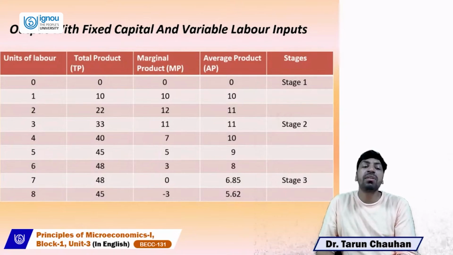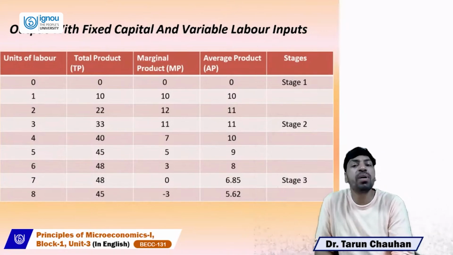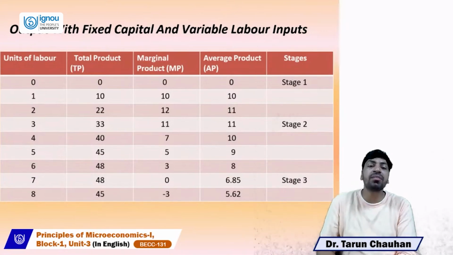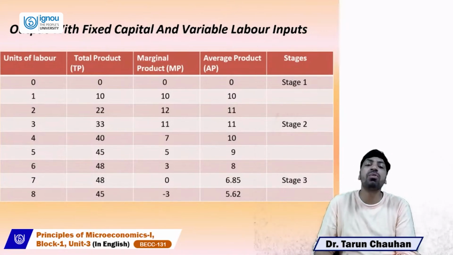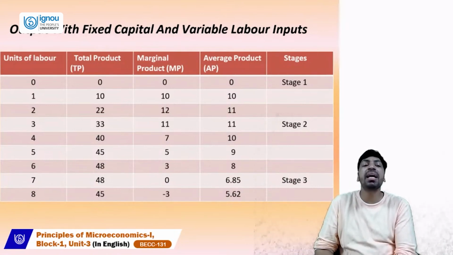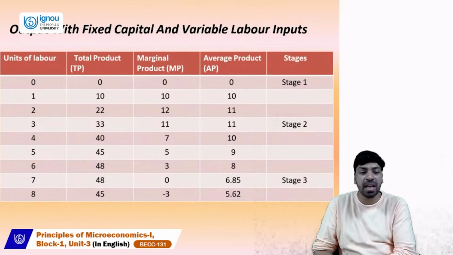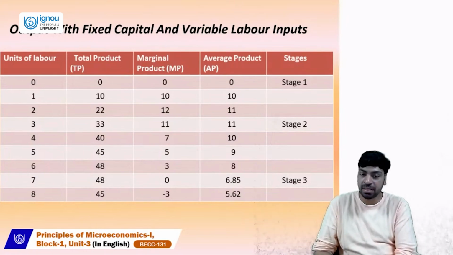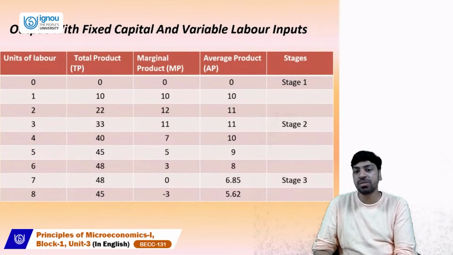So 0 divided by 0, AP is 0. 10 by 1, 10. 22 by 2, 11. 33 by 3, 11. 40 by 4, 10. 45 by 5, 9. 48 by 6, 8. 48 by 7, 6.85. 45 by 8, it becomes 5.62.